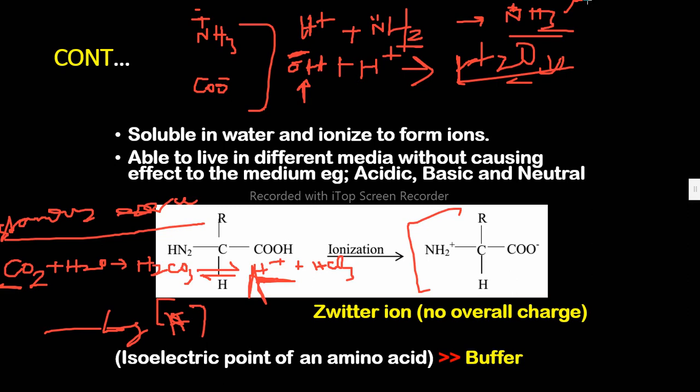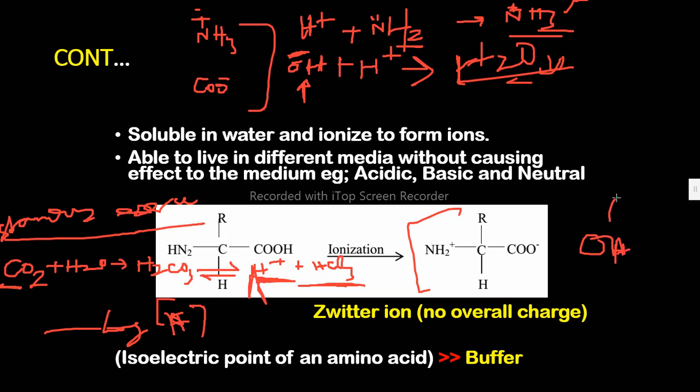And so it will be buffered. Similarly, towards the lungs, when you break down the hydrogen carbonate ions to carbon dioxide, you do this reversal. So it leads to the formation of many OH ions.